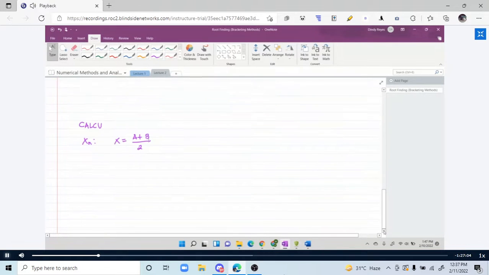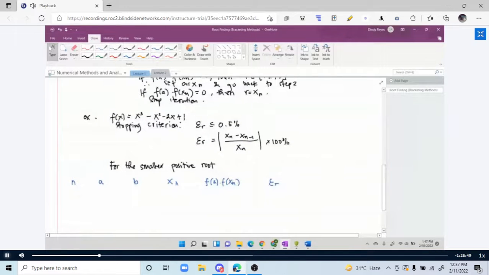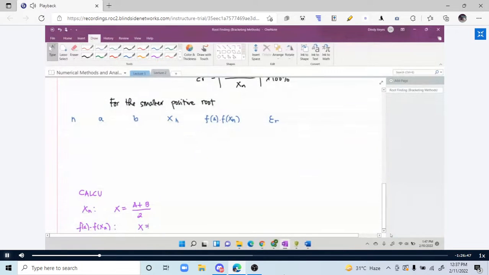That's f of a times f of x of n, no? You will enter this. So for f of a times f of x of n, you'll enter this. So x equals f of a, so ang f natin is this function. So you have to enter that.